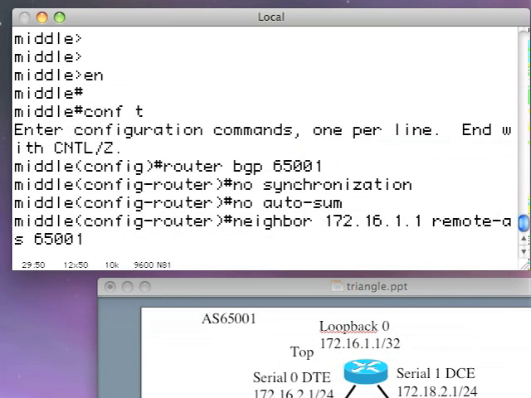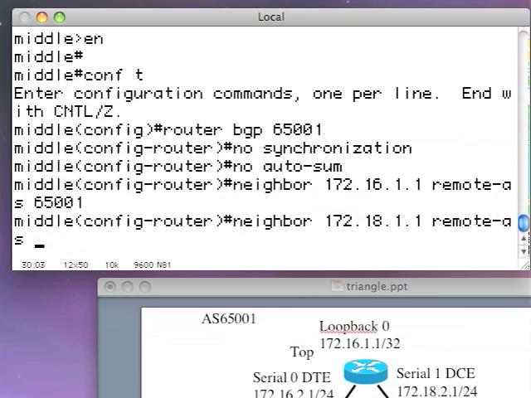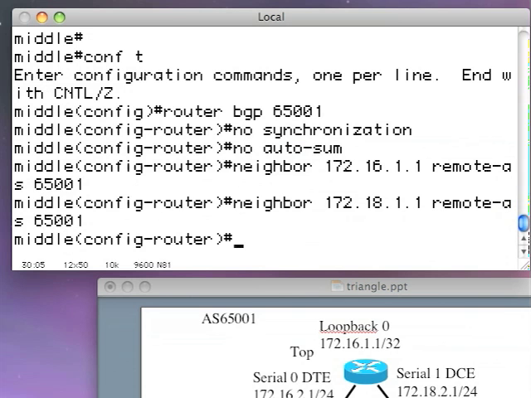So that's an iBGP session again, because my AS is 65001 and the remote AS is 65001. Neighbor 172.18.1.1 remote-AS 65001.